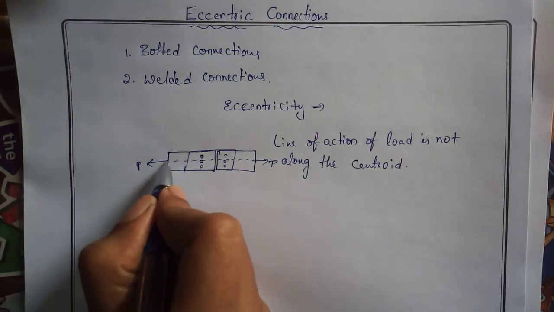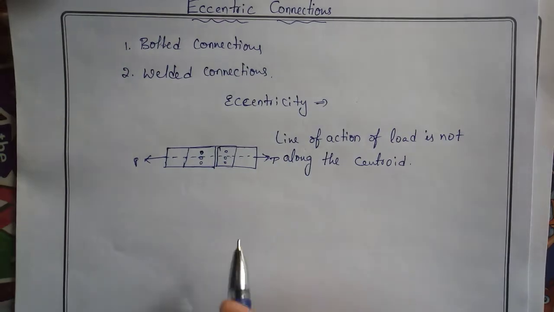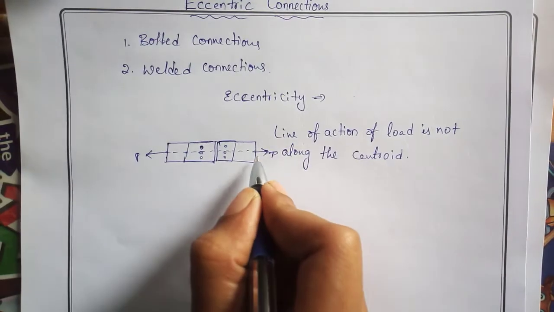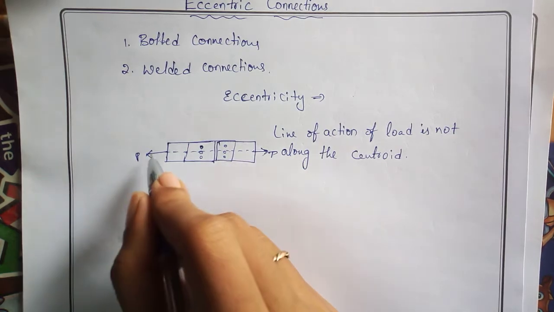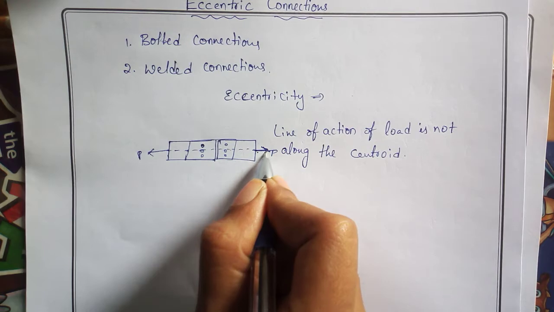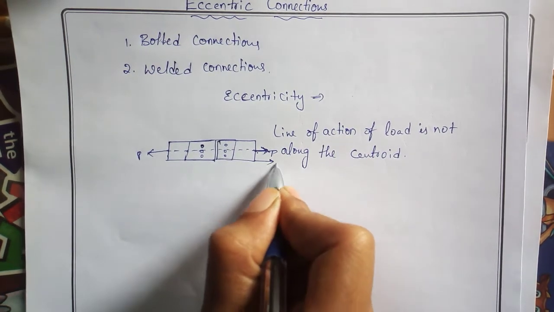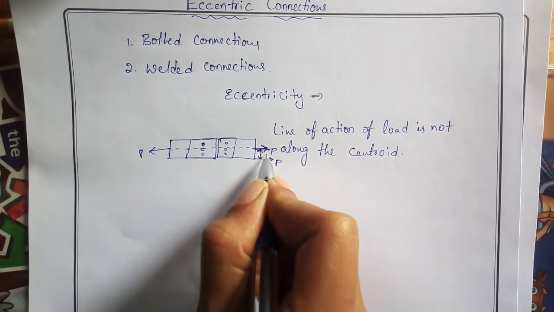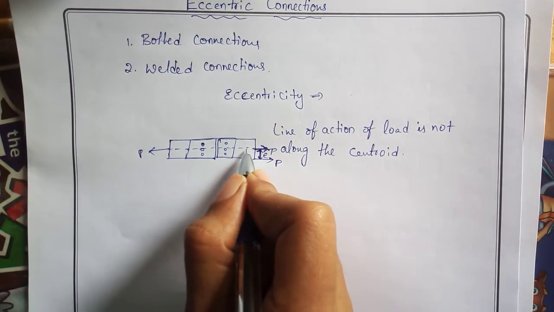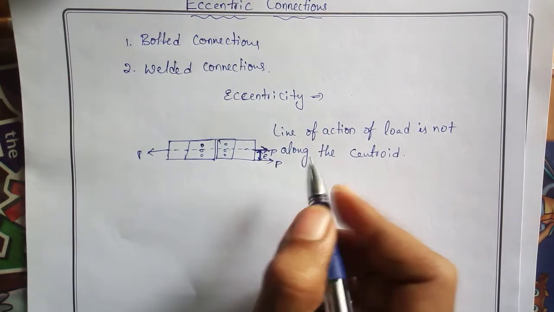At the center line only those forces are going to act. But coming to these eccentric connections, there will be some distance. For this same kind of problem, if this load is not acting along this center line, if it is acting at some corner point, there will be some eccentricity. So the distance between the centroid and the load will be called eccentricity.